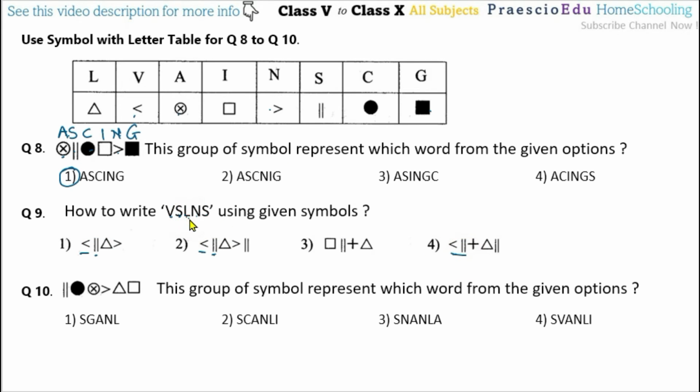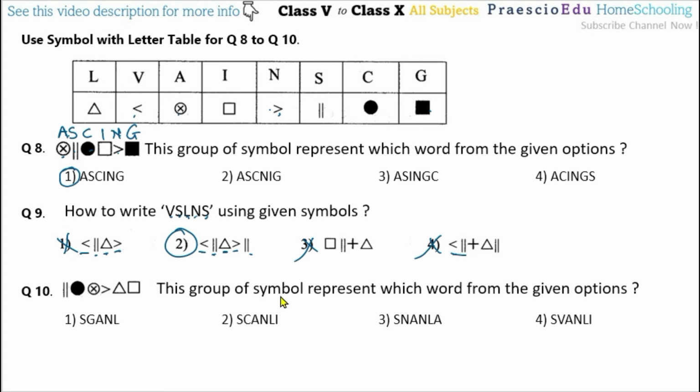Then L means this triangle, so here also, here not, so option number 1 and 2 only. Then N means this symbol, so here given and here given. Then S, again 2 lines, but here no 2 lines are given, so option number 2 is the correct one.